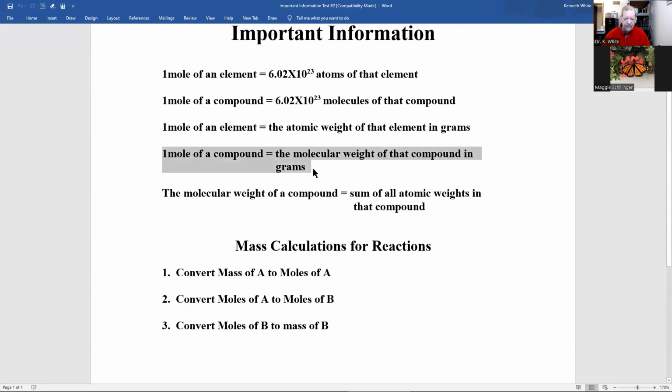Right here. 1 mole of a compound equals the molecular weight of that compound in grams. And the molecular weight of that compound is the sum of all atomic weights.